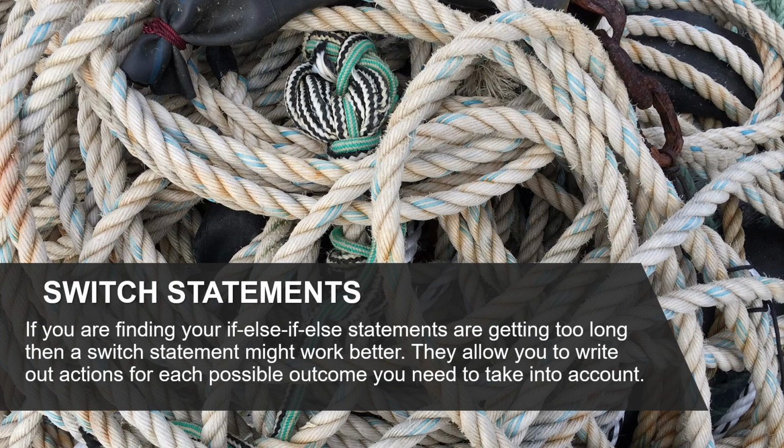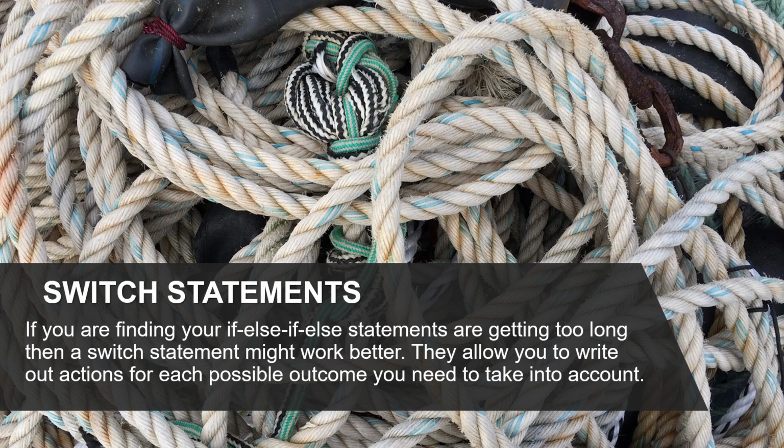The last type of control flow statement we're going to talk about is a switch statement. And these are very useful in very specific situations. So if you do end up finding that you're using if-else if statements, like you're having one really super long block of them where you're just checking the same variable or value in all of them, and it's getting really long, it might be better to use a switch statement instead of a giant if-else block.